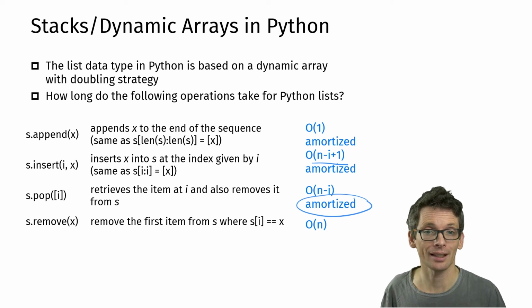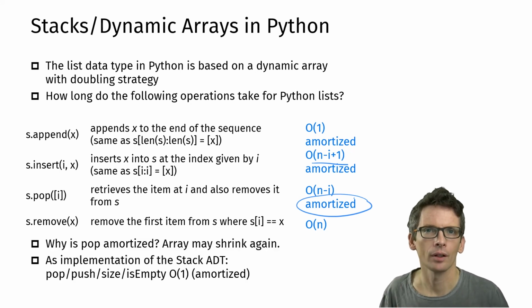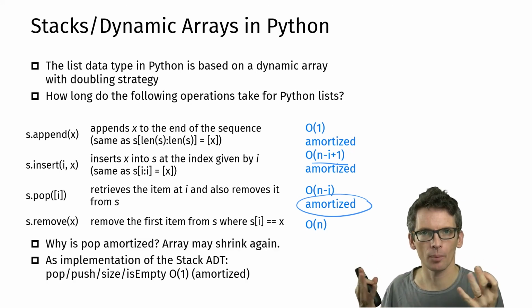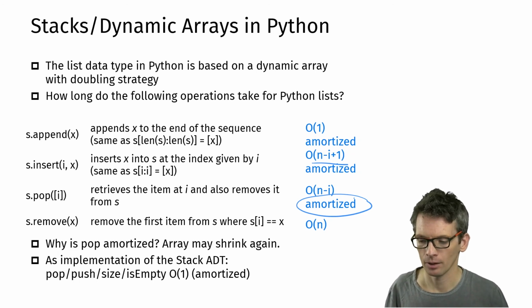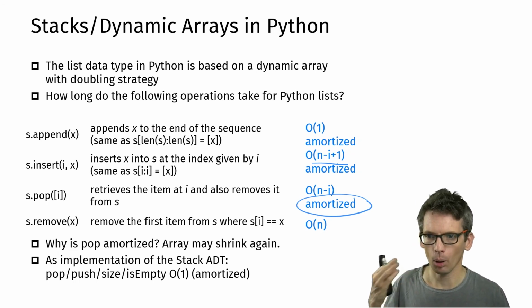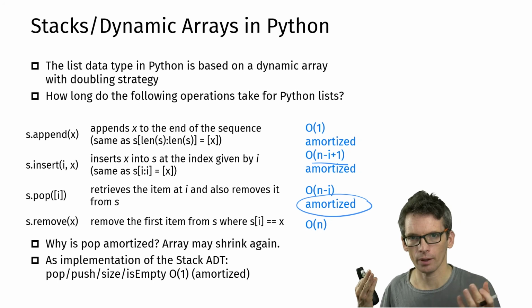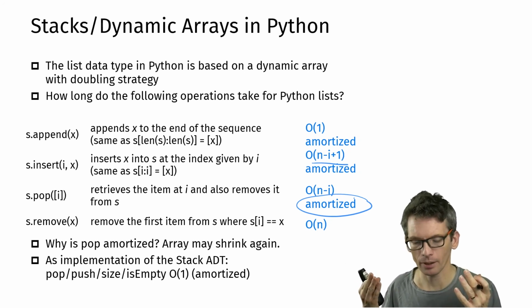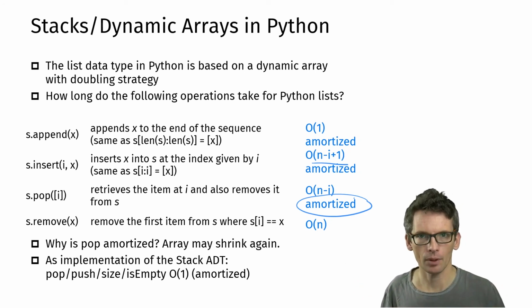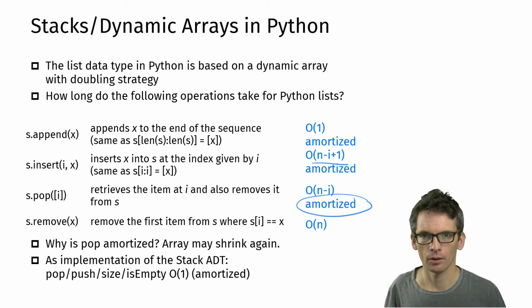It always takes linear time. So we can think of a Python list implementing a stack, where pop corresponds to the actual pop, push corresponds to append, and size and is empty we can simply check by the length of the list, and that's it.